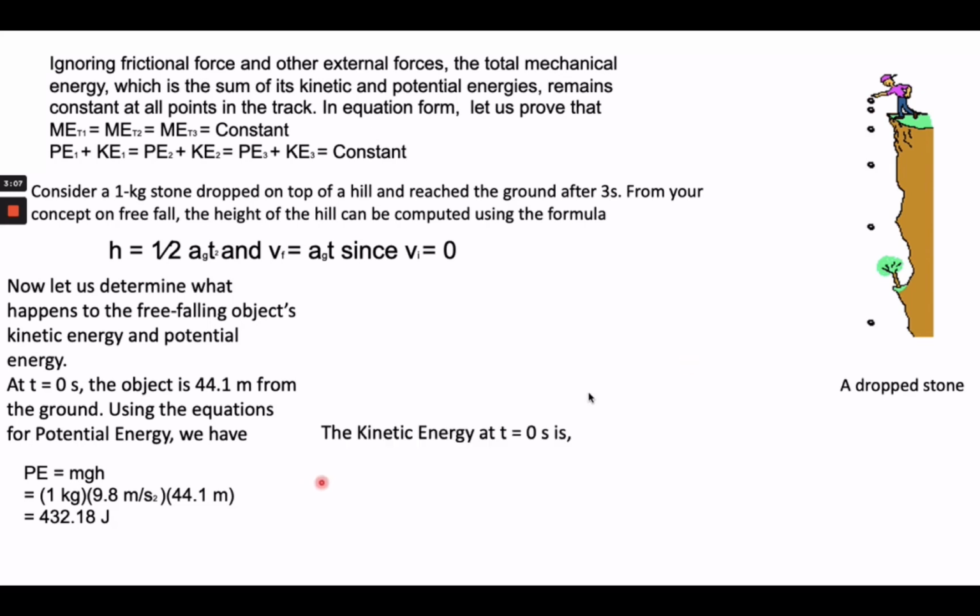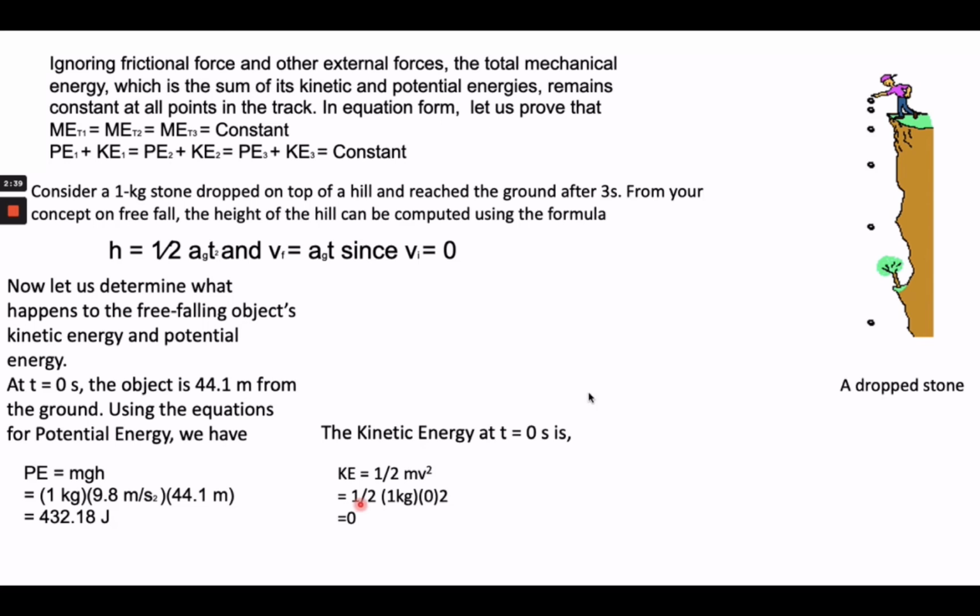Now, let's take a look at kinetic energy. Again, time is 0 seconds, same with the given time earlier. So to calculate kinetic energy, based on our previous slide, kinetic energy is equal to 1/2 mv squared.